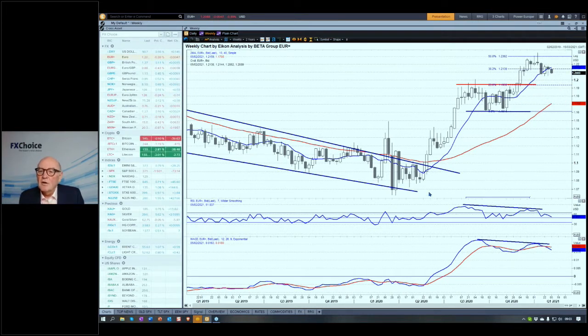It also occurred at the 50% Fibonacci, the target, but also the resistance level, from the measurement of this move, from the beginning here in March 2020 up to the high in the third quarter, back to the low again, and then measuring up from there: A, B, C, and then D. We got to the 50% level, and now it's stalling there.